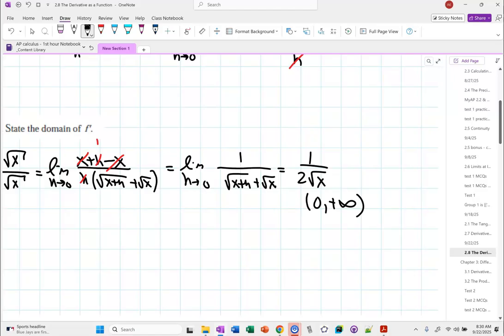Is everybody okay with that? Explain that. Sure. Because I have square root of x, that tells me I have to take the non-negatives. Because I have a 1 over x, that tells me x cannot be 0. Does that make sense?